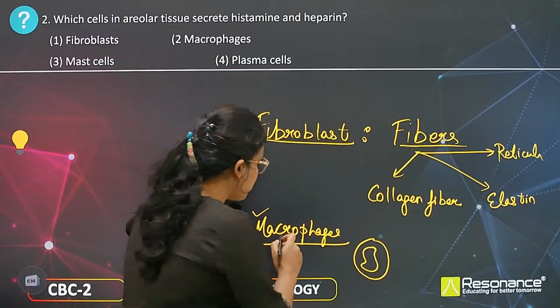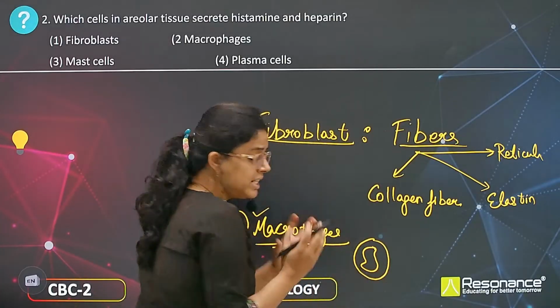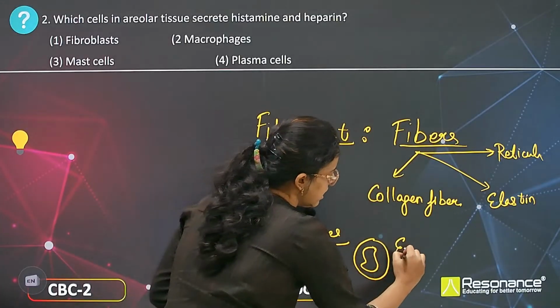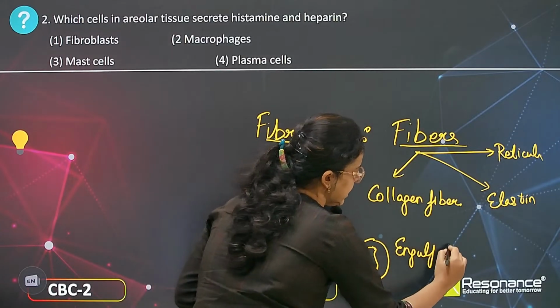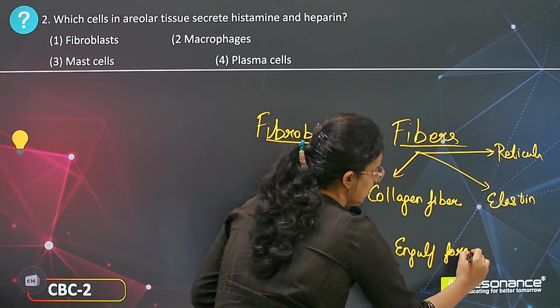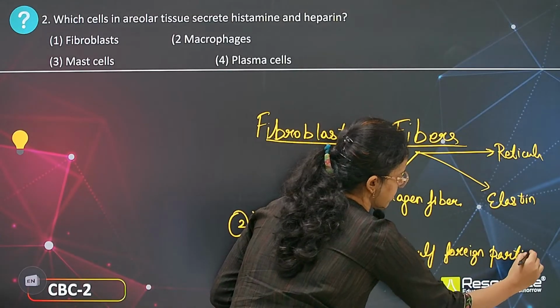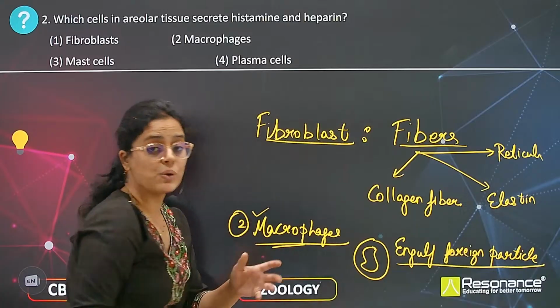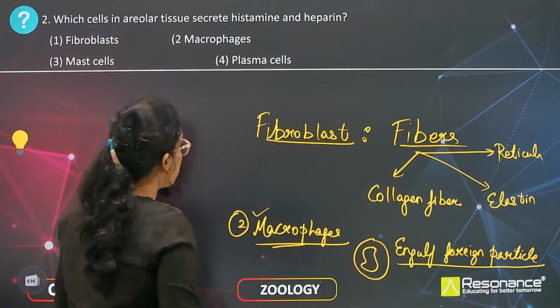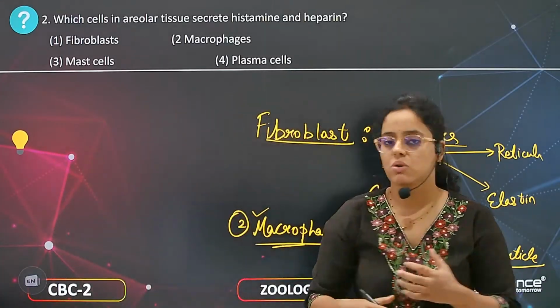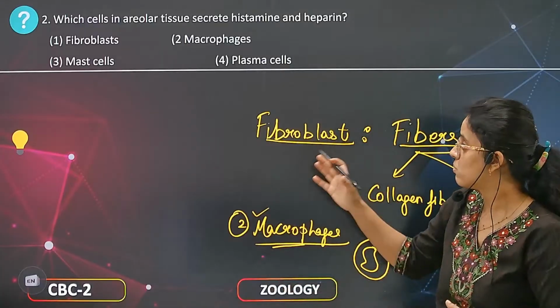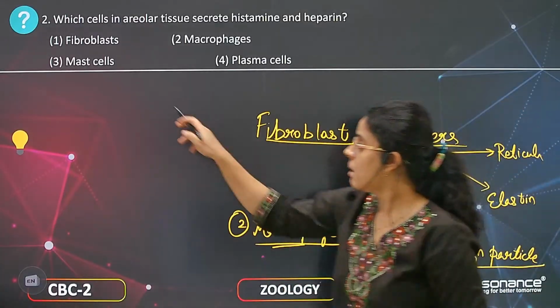They engulf foreign particles, which means they are phagocytic in nature. Plasma cells have a different role. They produce antibodies.